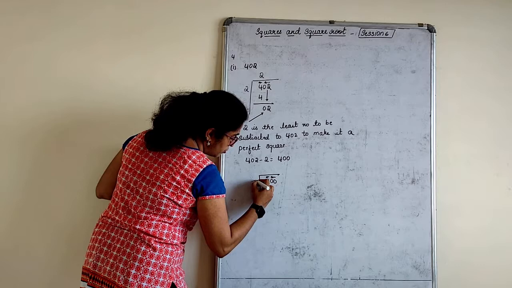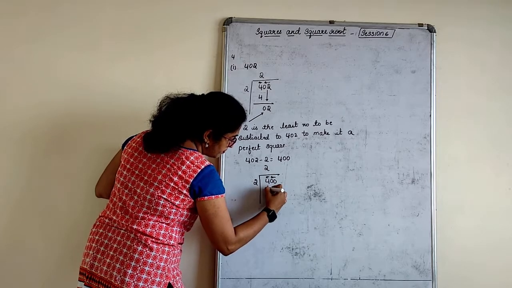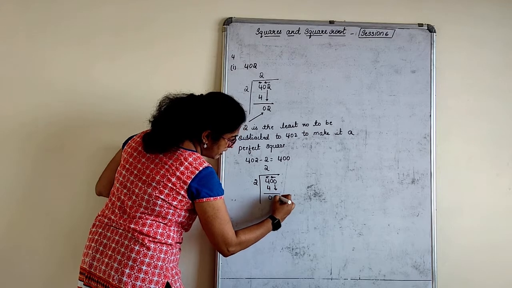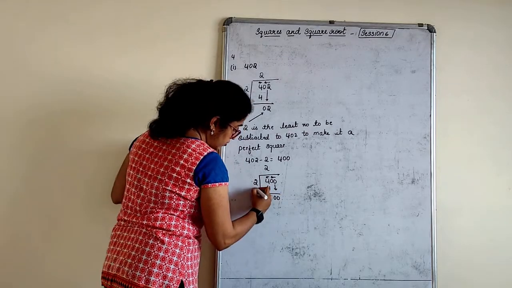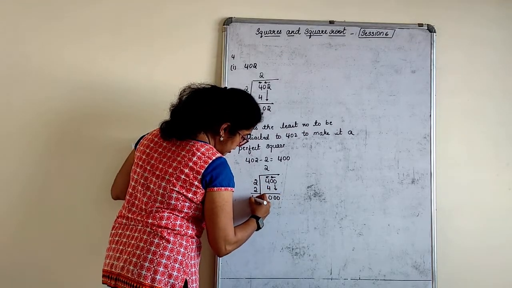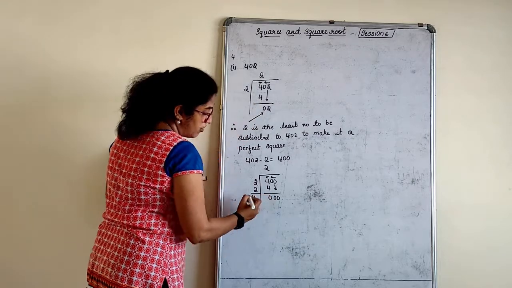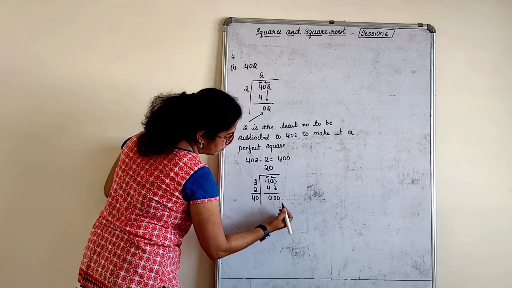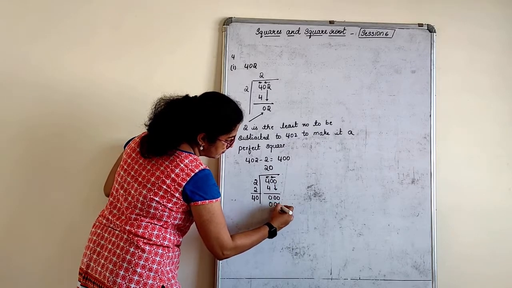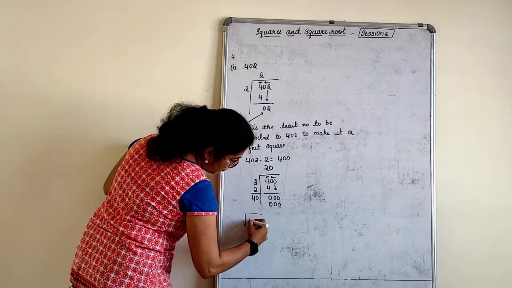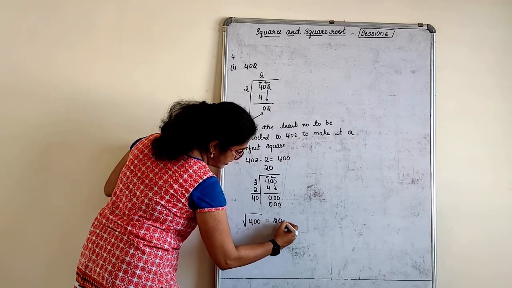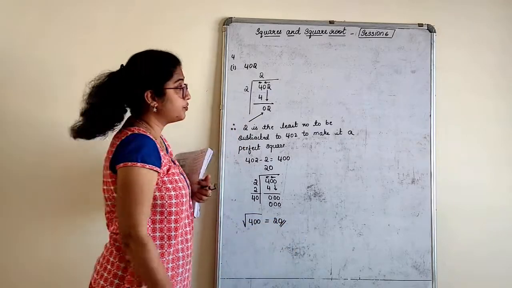So this is how you do. 2 2s are 4. So 0. So when you take 0 and 0, now 2 plus 2 is 4. 40 into 0, that is 0 into 0. The square root of 400 is equal to 20. This is how you find it.